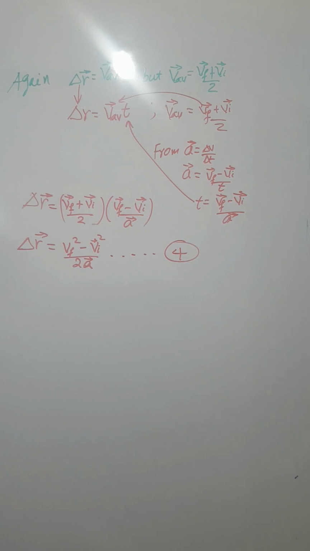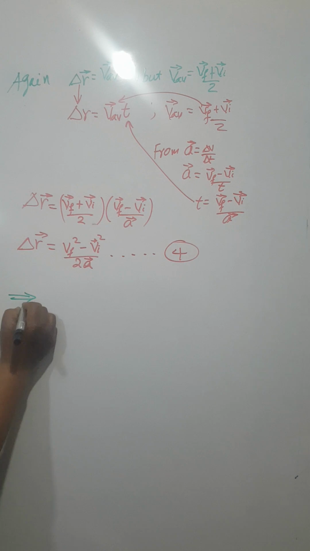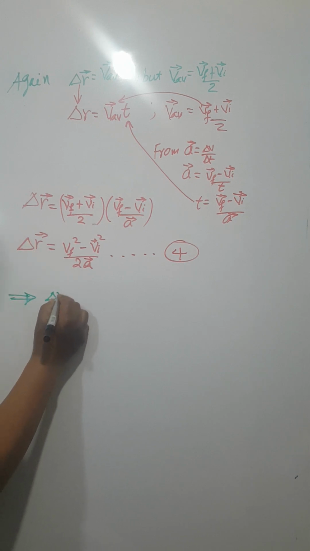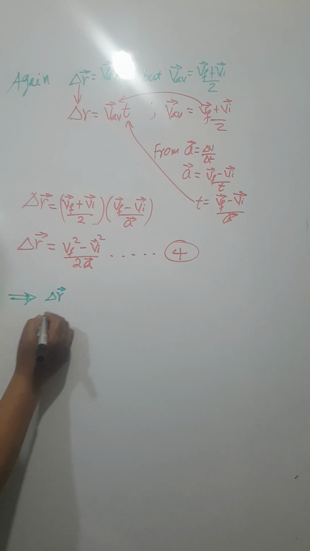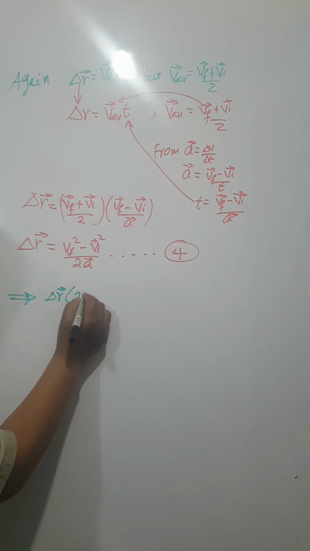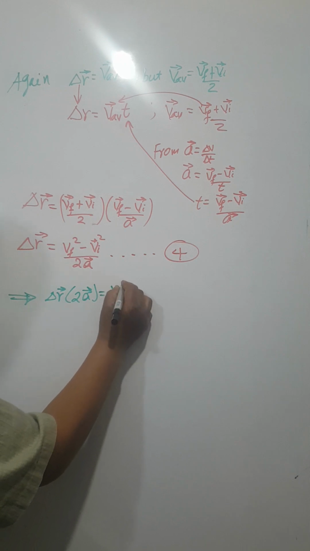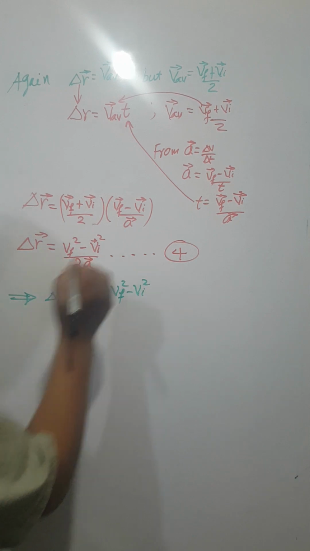Now again, the fourth equation implies that change in displacement times 2 times the acceleration is equal to VF squared minus VI squared.